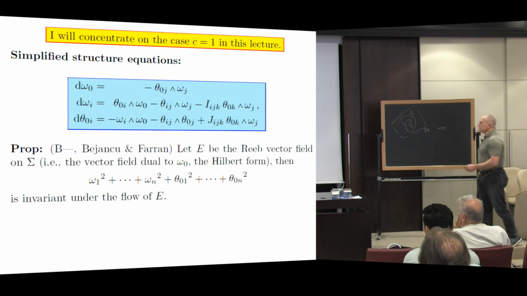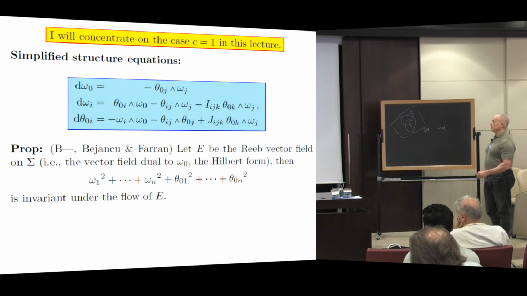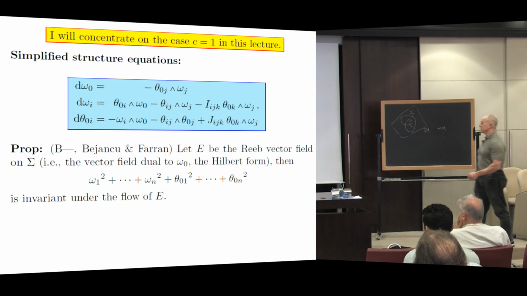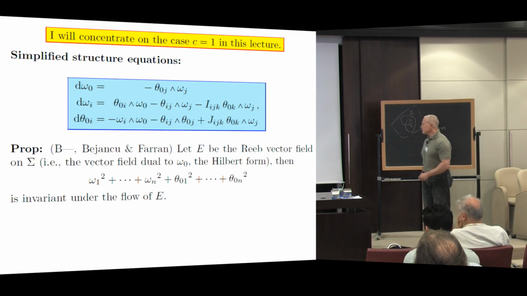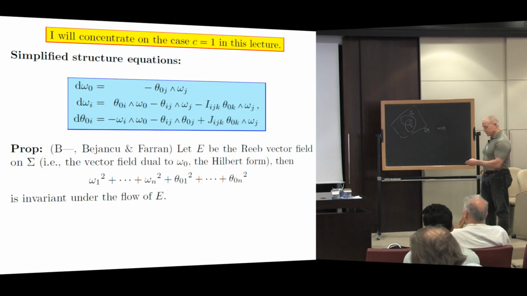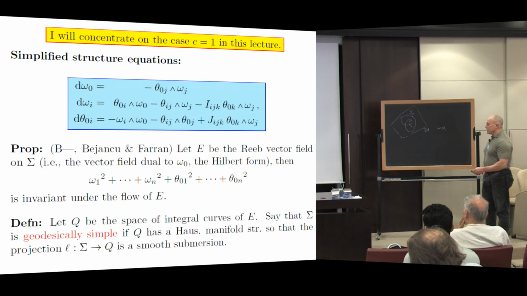And one immediate consequence that you can just read off from these structure equations is that if you take the Rabe vector field on sigma, that is the vector field that's dual to omega naught, that is the geodesic flow vector field for the Finsler structure, then this quadratic form is actually invariant under the flow of E. That's not generally true, but it is true in the constant flag curvature case, which is what we're going to consider always from now on.